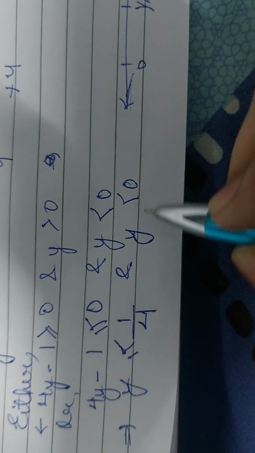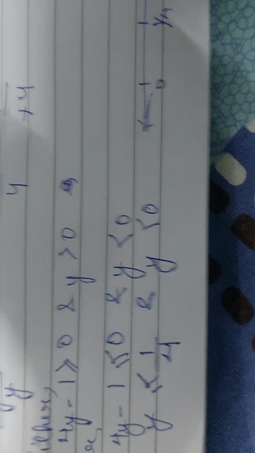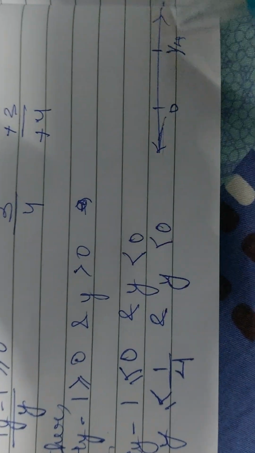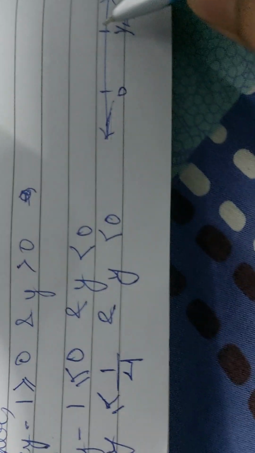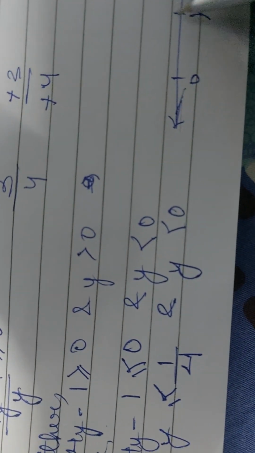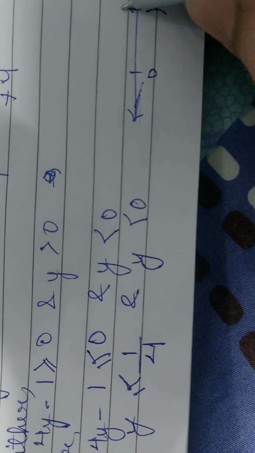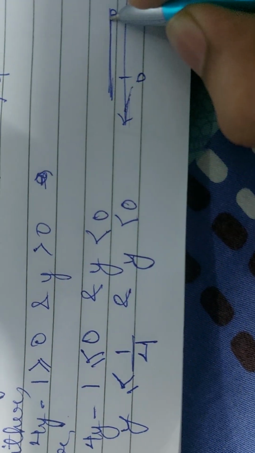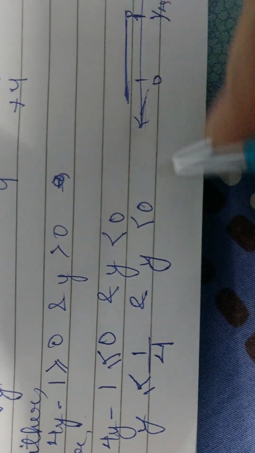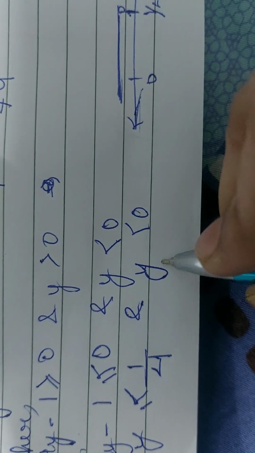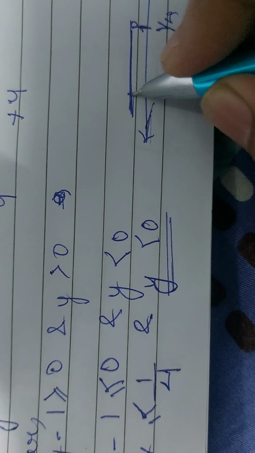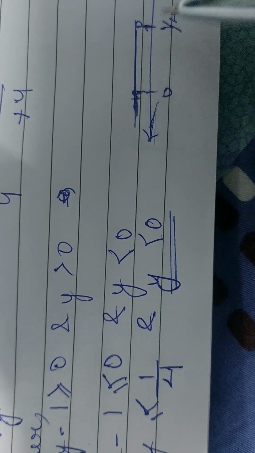There are two inequalities here. The set of answers for y less than or equal to 1 by 4 will be all the numbers from this side, and for the other inequality, the set of values will be from this side.